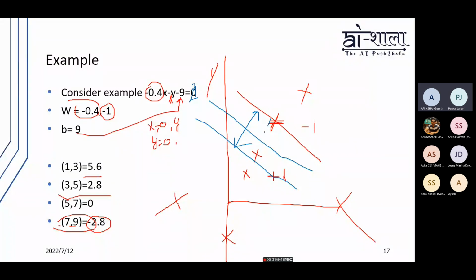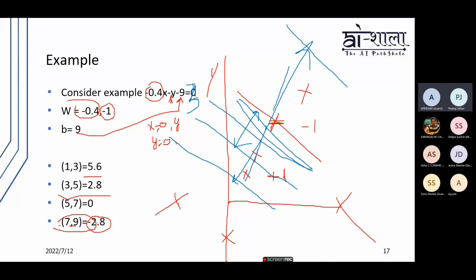So the functional margin depends upon the width of the support vectors around this main line, with one support vector on each side.